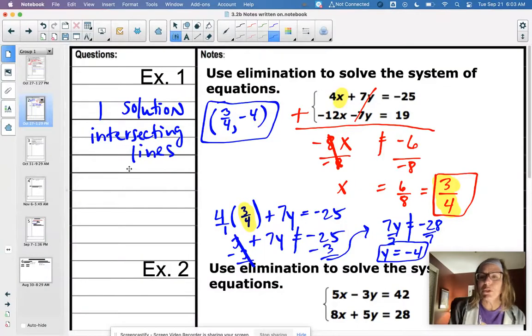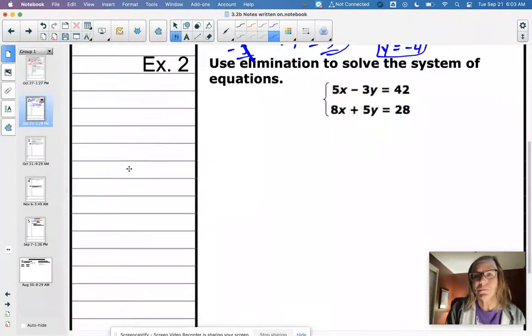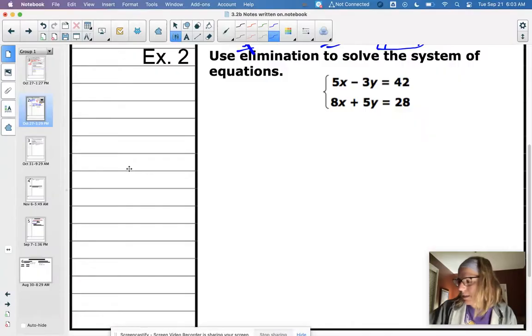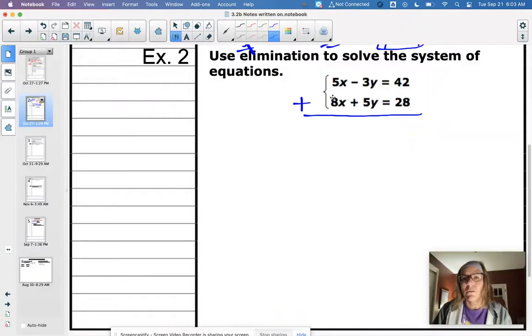Let's go down to example 2. Looking at adding the x's, adding the y's, nothing is going to eliminate. So then I can choose which one will be easier to eliminate, the x's or the y's.